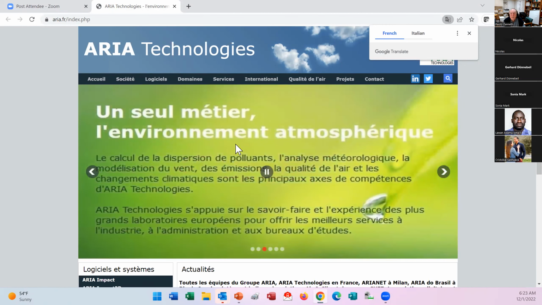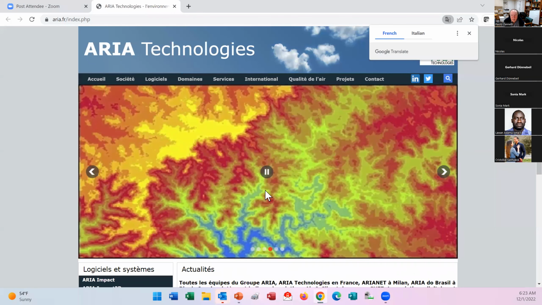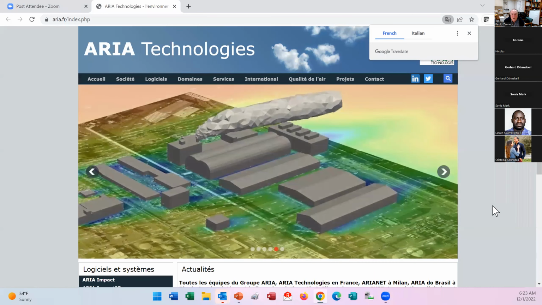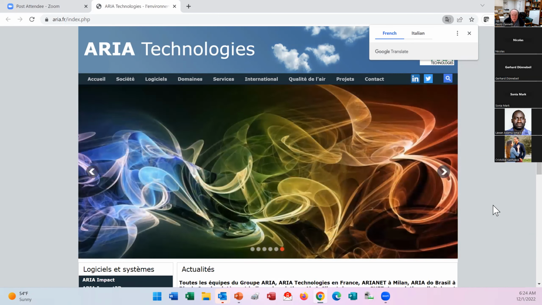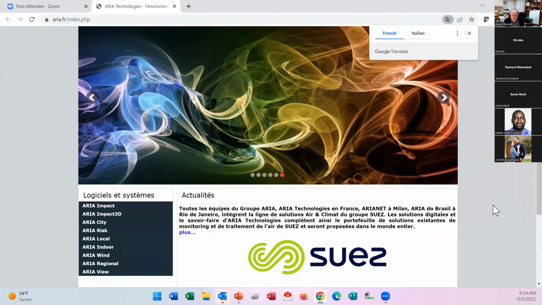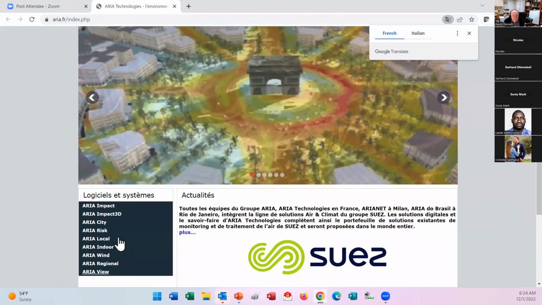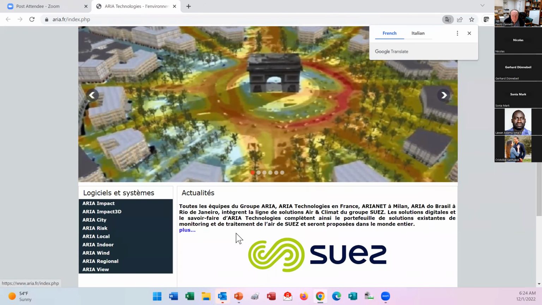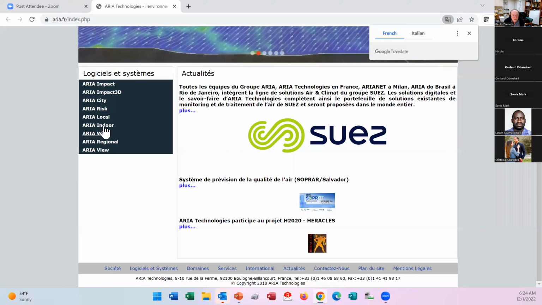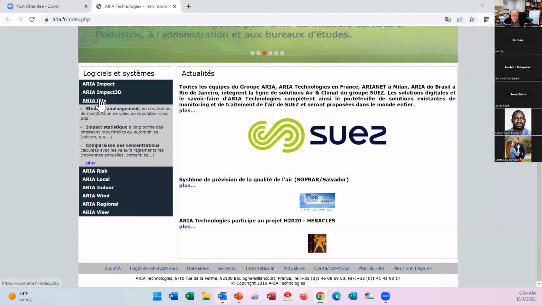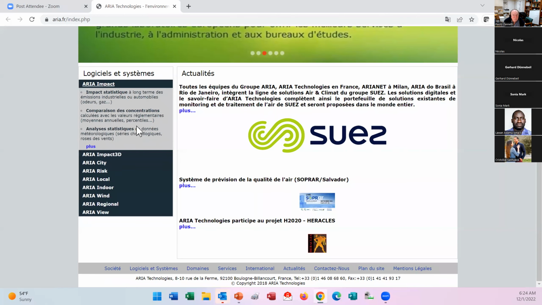ARIA scientists have developed several models that are similar to the EPA model, but I would say more complex. Both meteorological models and dispersion models. You see here a list of all the indoor software, the risk assessment, the simulation in the cities, indoor.